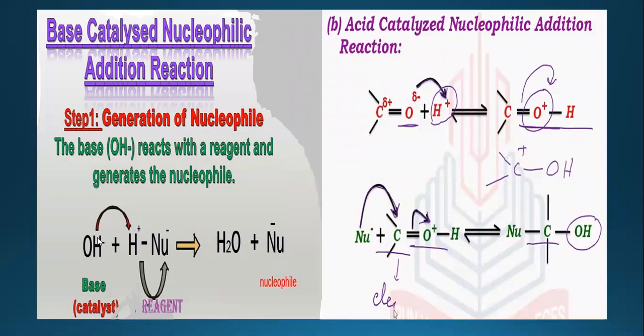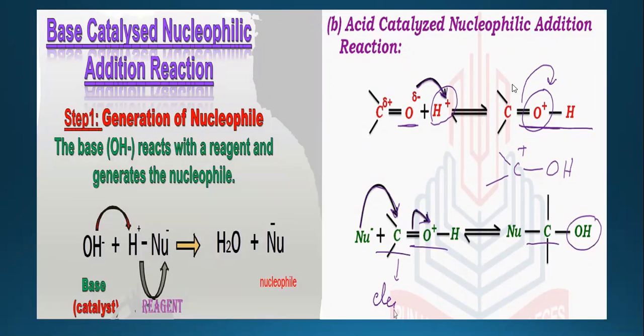So the base always takes a proton from this reagent. At the end of this reaction, the base reacts with the H positive ion to form a water molecule, while the nucleophile is generated in its free form, so its nucleophilic character increases.